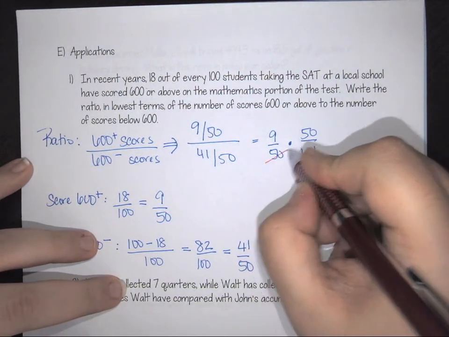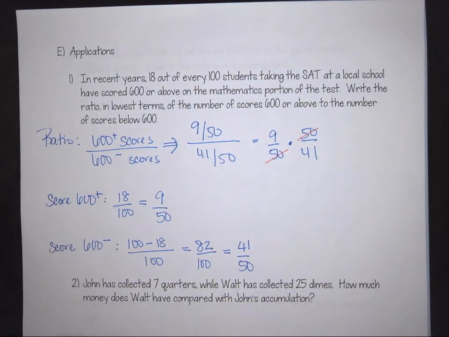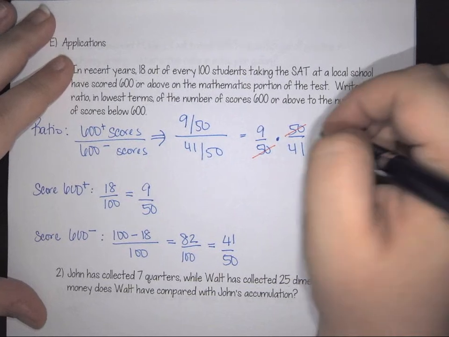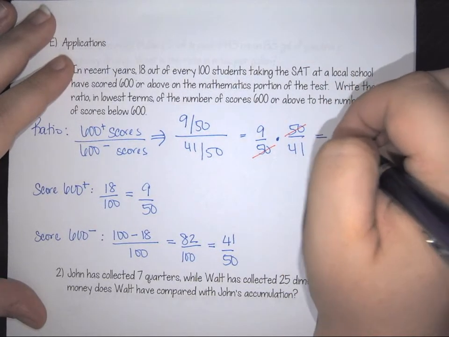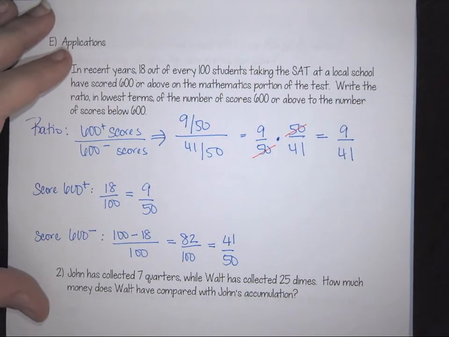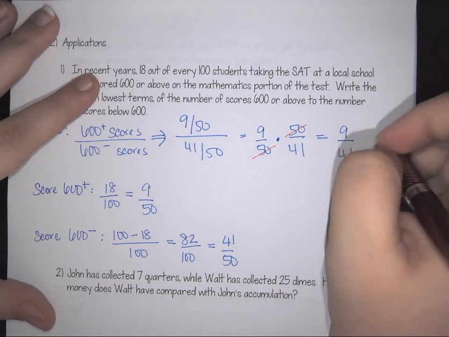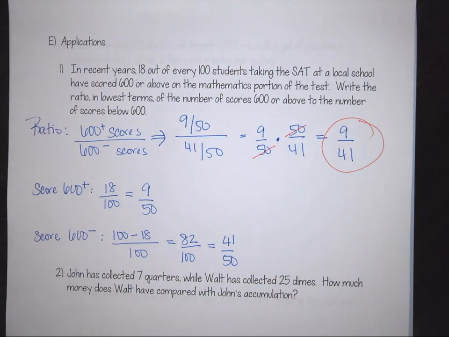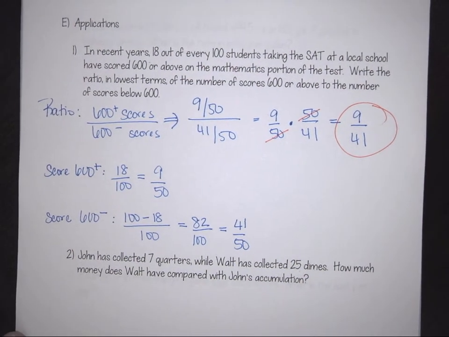Notice here, my 50 and 50 would cancel. There is nothing in common between 9 and 41, so this would be 9 to 41. And this here would be the ratio.